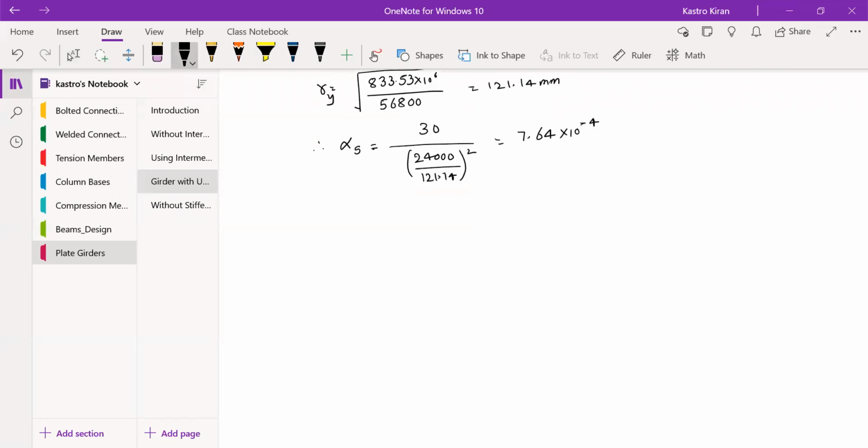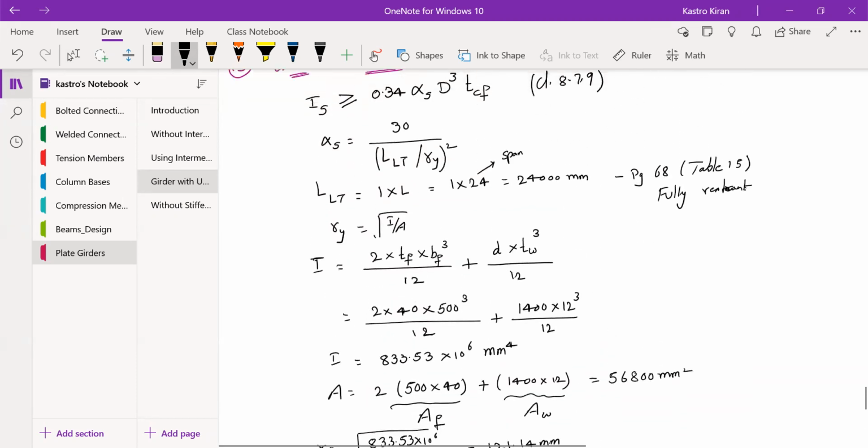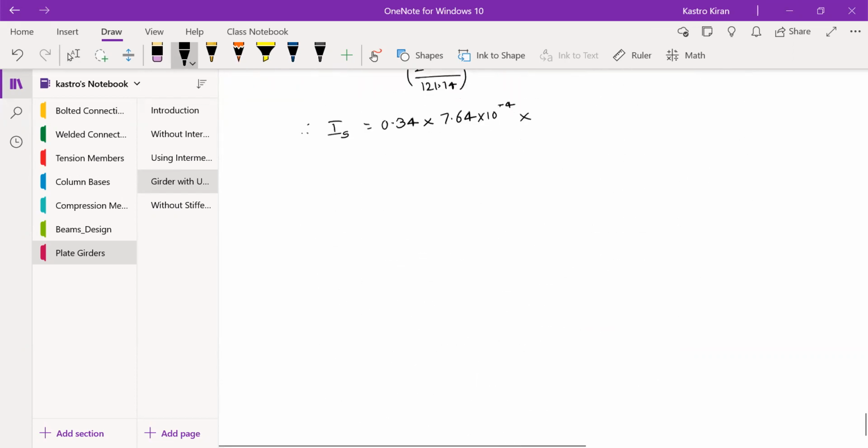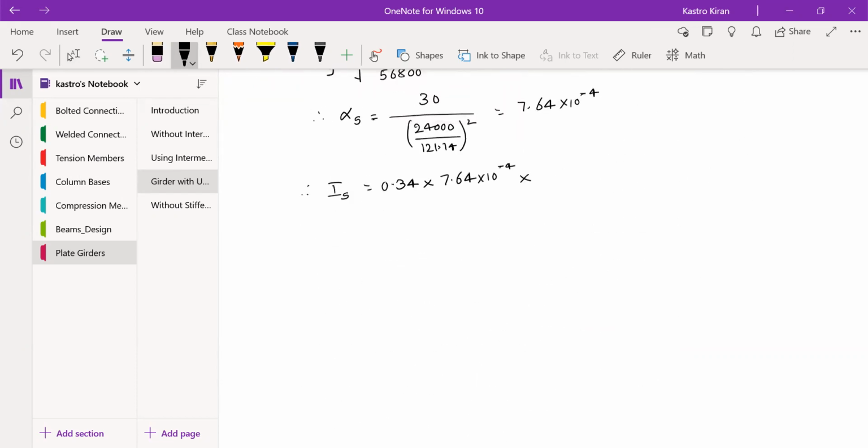Now you need to find out the value of Is, that is moment of inertia of stiffener. That equals, using the formula, 0.34 into alpha S, that is 7.64 into 10 power minus 4, into D cube. Remember here it is not small d, it is the capital D. Capital D is the total depth of the I section. So that will be 1480 cube. So how is this 1480 coming? 1400 is the depth of the web, 40 is the thickness of the flange, and again you have the bottom flange thickness, which is again 40.